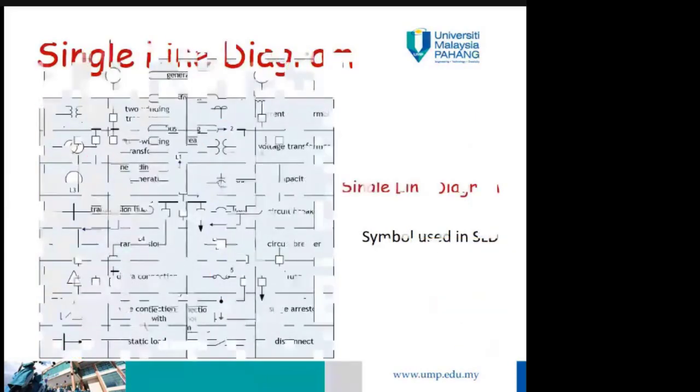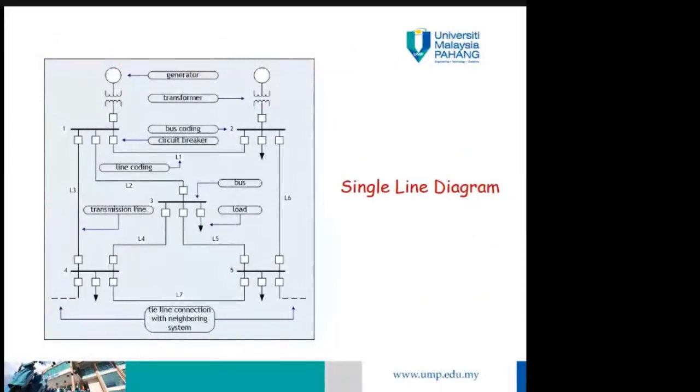For example, this is a single line diagram of a power system network. We have the generator over here. And then after the generator, usually we have the substation to step up the voltage. This is the step up transformer.